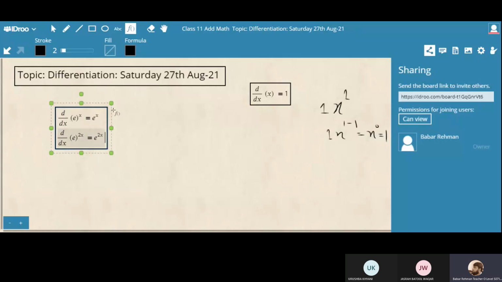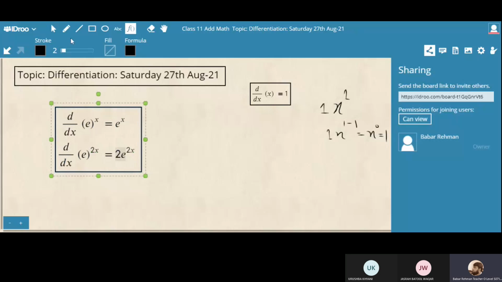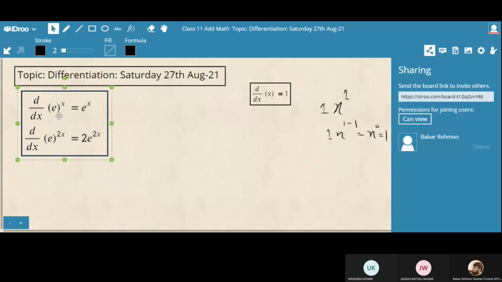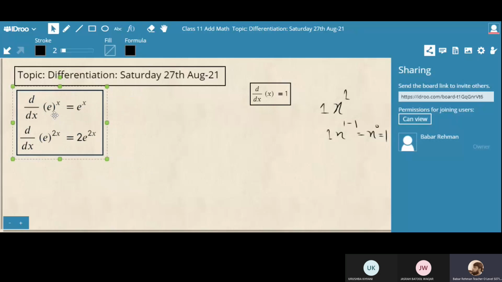So what will be the derivative now? 2 e power 2x. We multiply by the derivative of the power in e power, in the exponential function. Kindly note this down because it is coming in today's lesson, e power x.